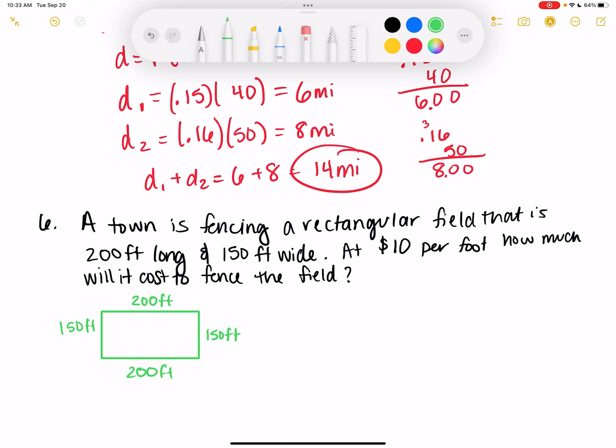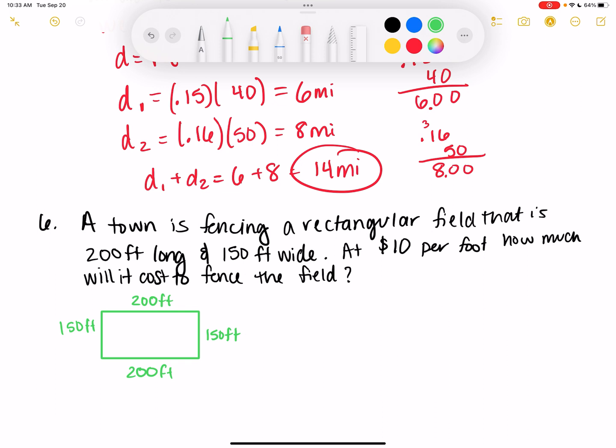Or if you don't remember exactly, could you describe to me how you would find the perimeter? So that would be area, but it's close. Yeah, so that one, so we're going to add.